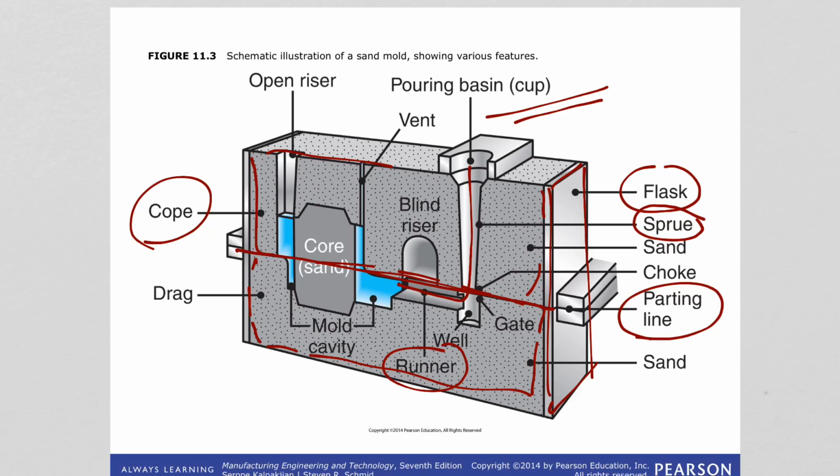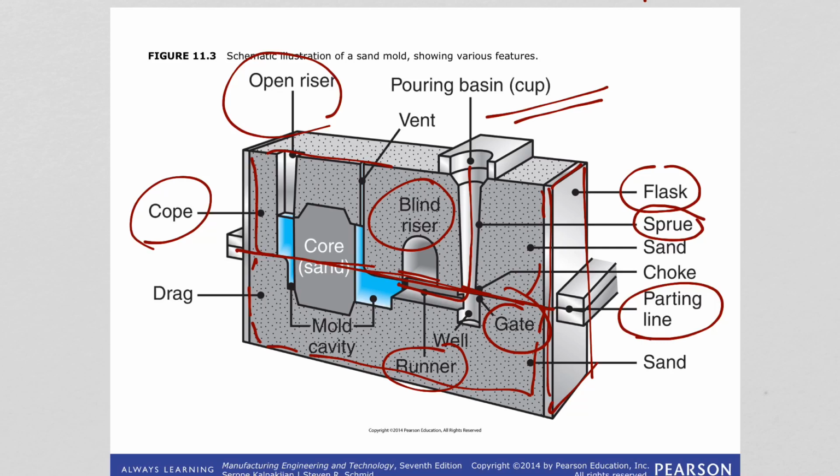Gates are the inlets to the mold cavity, and there are risers which supply additional molten metal to the casting as it shrinks during solidification. There are blind risers and open risers. Blind risers are not open to the outside; they are inside the mold.